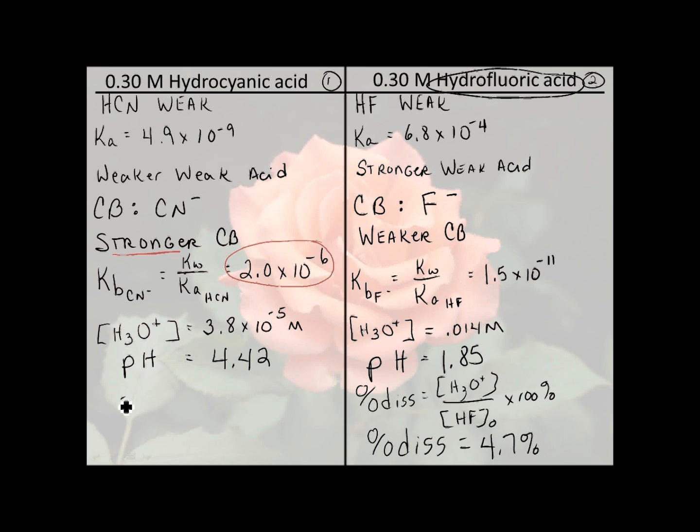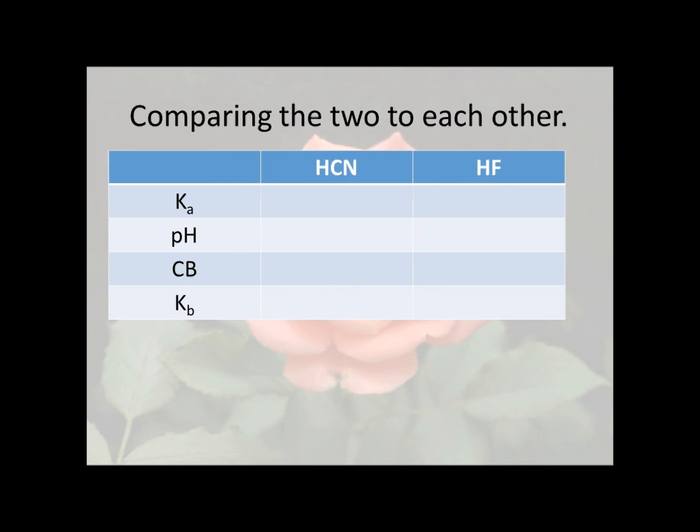And for the hydrocyanic, it comes out to be 0.013%. So again, proving our point, the 4.7% is a larger percent dissociation because hydrofluoric acid is more product favored than the hydrocyanic acid. So we're going to do a little synopsis here.